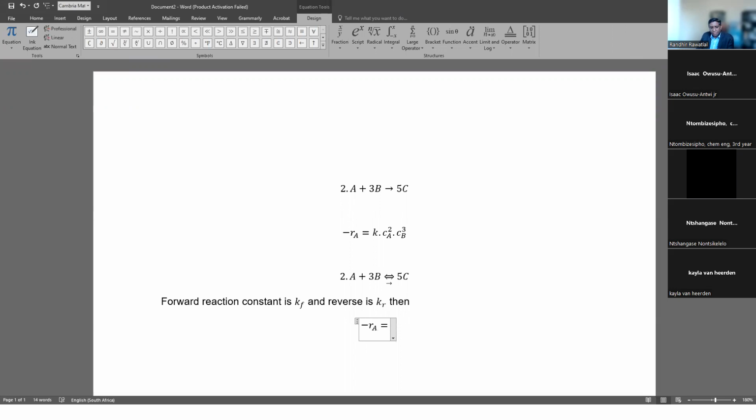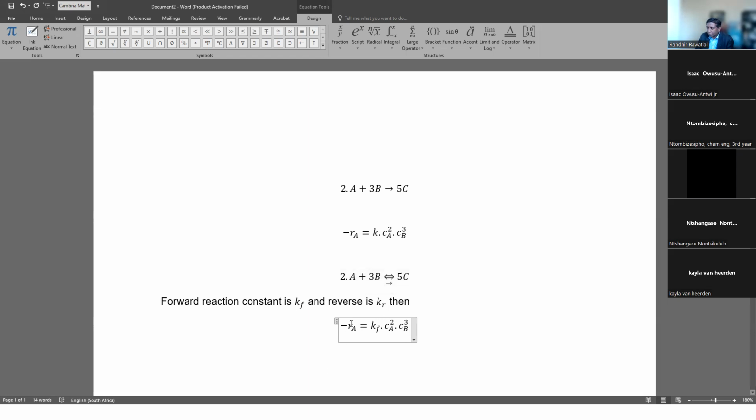So A is consumed in the forward reaction, so it's going to be k sub F times CA raised to the 2. And component B is also reacting here. Right, so A is consumed in the forward reaction.